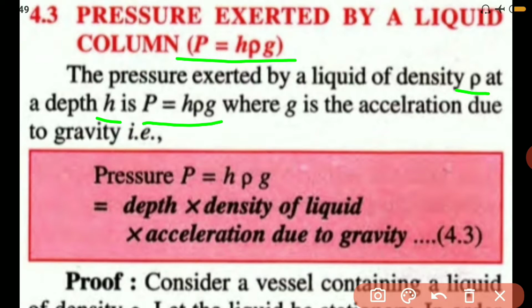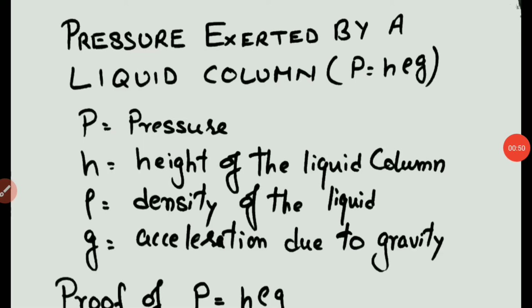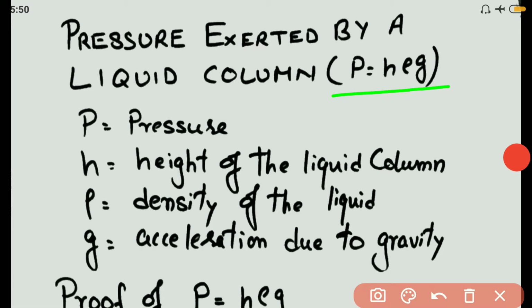Therefore, pressure equals depth multiplied by density of the liquid multiplied by acceleration due to gravity, and we are supposed to prove it. So let us go to its proof section. Pressure exerted by a liquid column is P equals h rho g.